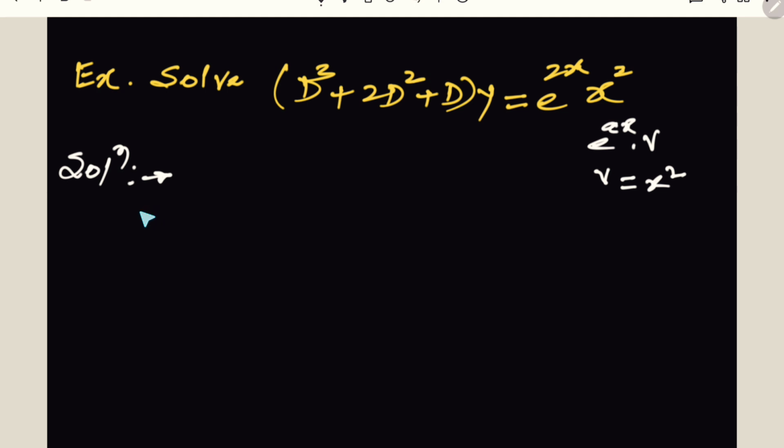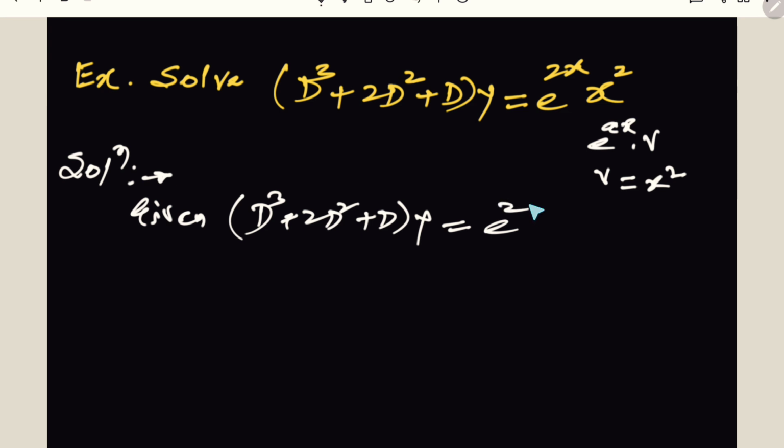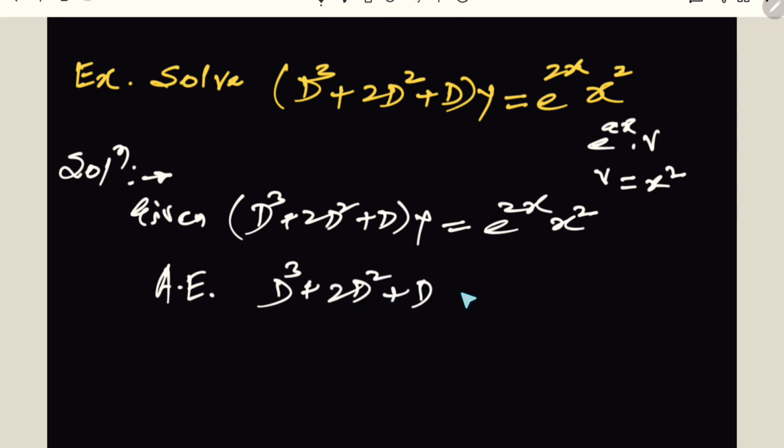The given differential equation is (D^3 + 2D^2 + D)y = e^(2x) x^2. Then we write down the auxiliary equation. Auxiliary equation means the equation in terms of D. Therefore, it is D^3 + 2D^2 + D, and we equate it to 0, taking D common from it.